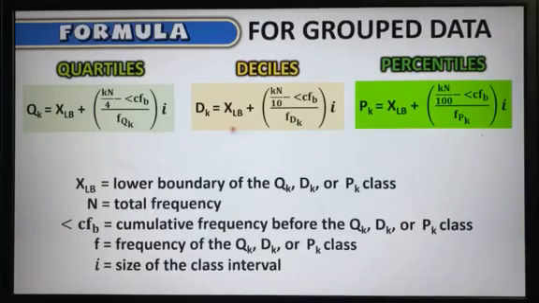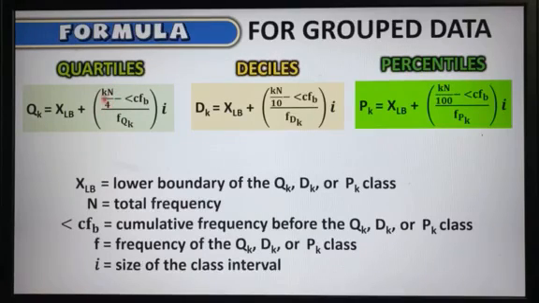So, in our previous lesson, we discussed how to find the quartiles of a given grouped data, and we use a formula for it. This is it. The formula is almost the same as the formulas for finding the decile or percentile. The only difference is the denominator in finding the quartile class.